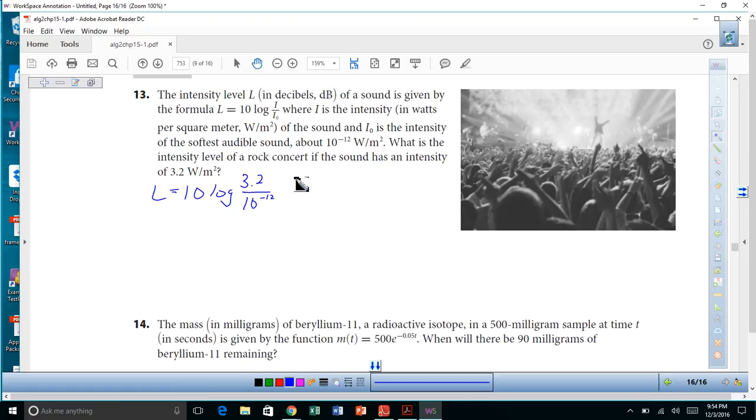Let's rewrite that: L equals 10 log of 3.2 times 10 to the 12th power. So log of 3.2 times 10 to the 12th power is about 12.5, times 10, which is 125.